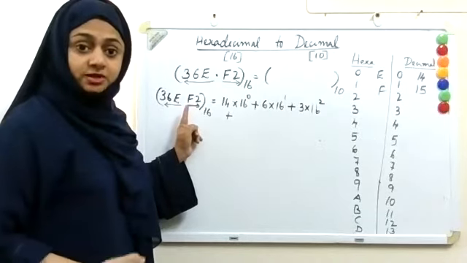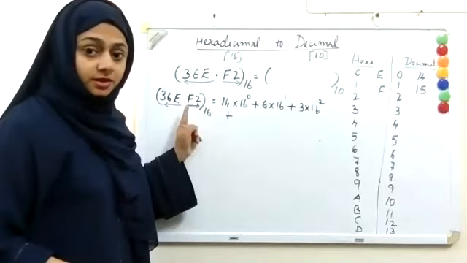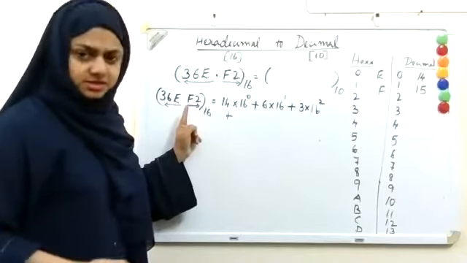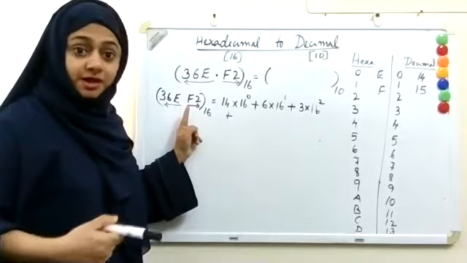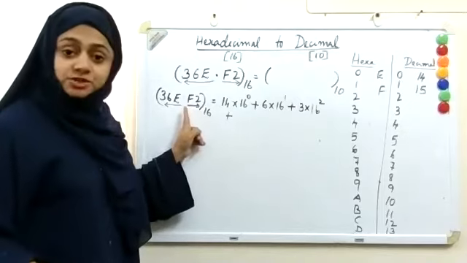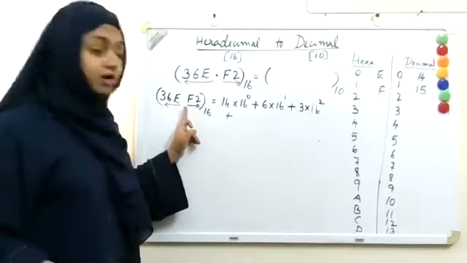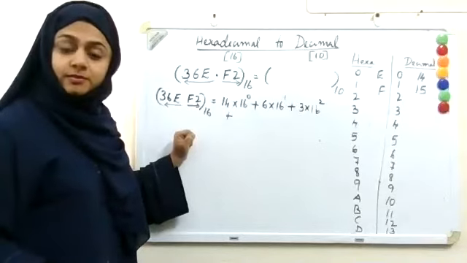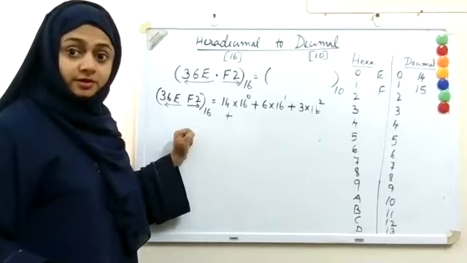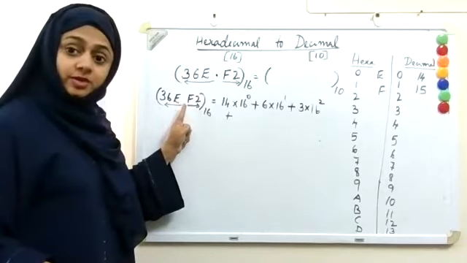Plus, how should I take when I take after the point? It's multiplied by negative powers, which is nothing but division. So I should start from which number, 2 or F?